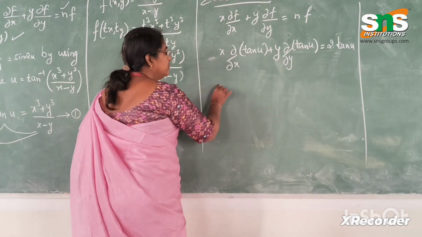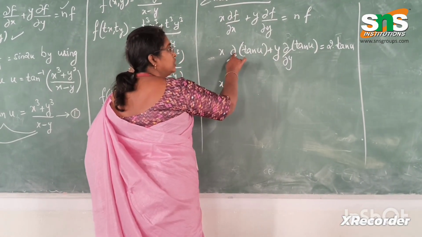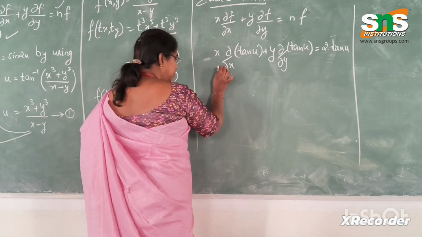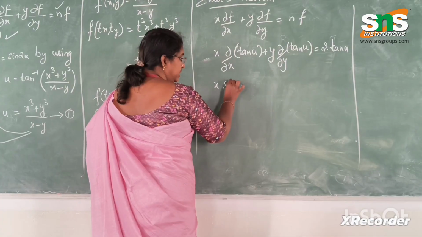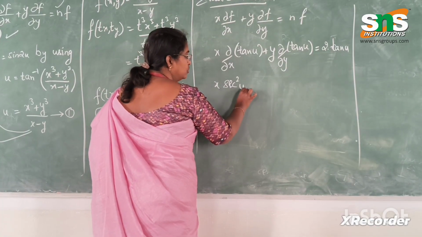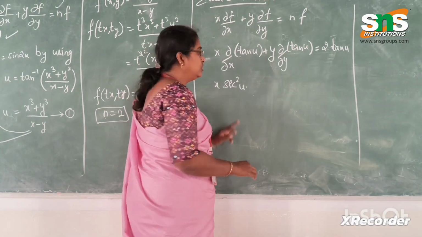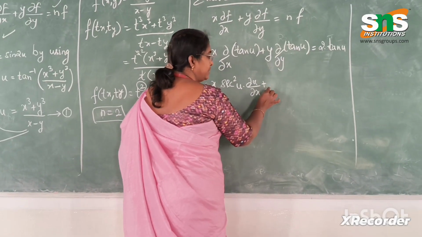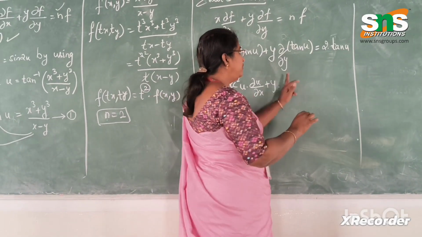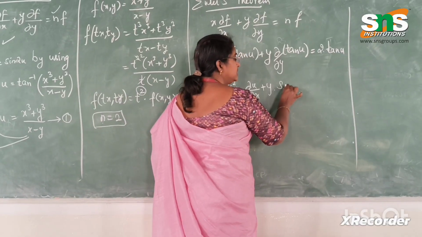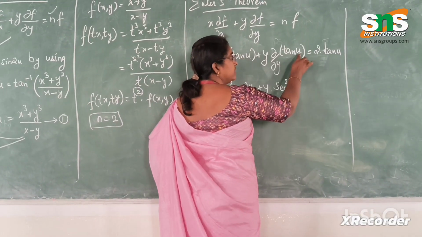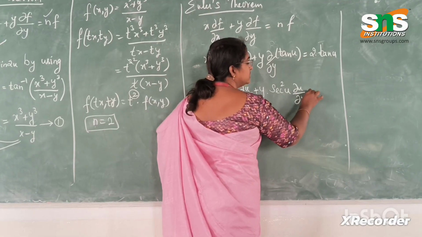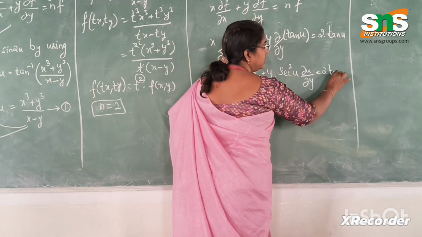Next we can differentiate this term. Differentiating tan u, you get secant square u, and differentiating u we get ∂u/∂x. Same thing: y into secant square u into ∂u/∂y, which equals 2 tan u.